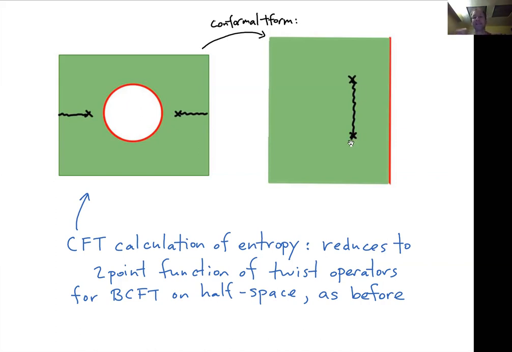So basically it's the same. If I think in general about the calculation of the 2-point function of twist operators for a CFT with a boundary, then in the space of locations of those twist operators, which in general could depend on both Euclidean and Lorentzian time, there's this phase transition that happens.